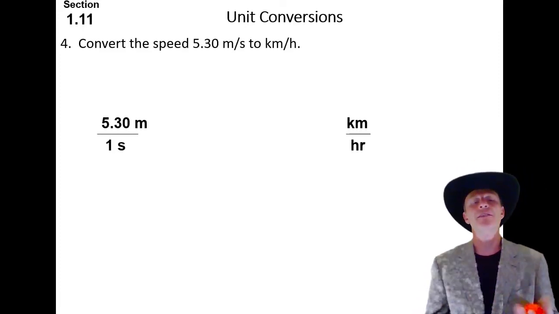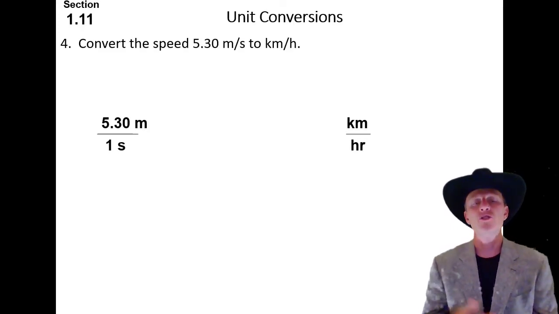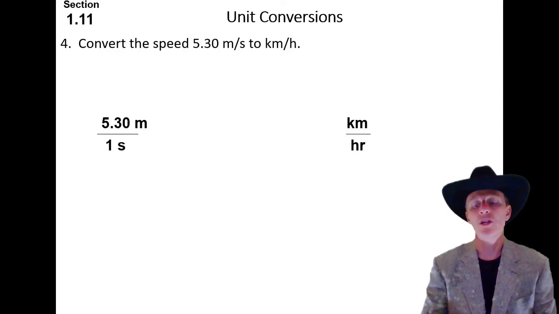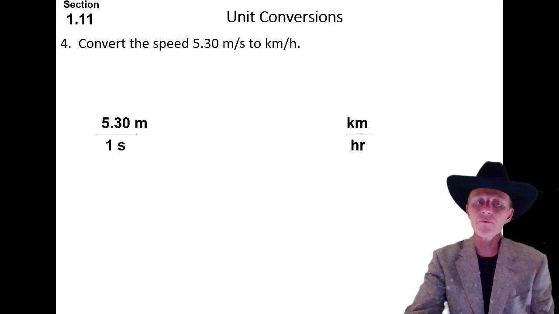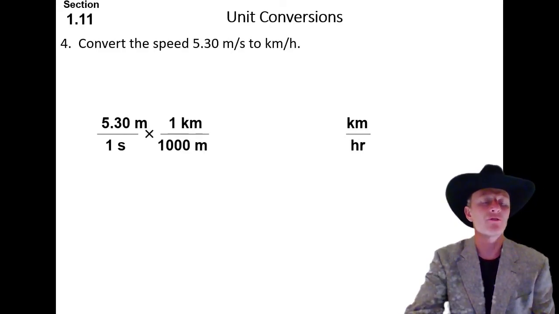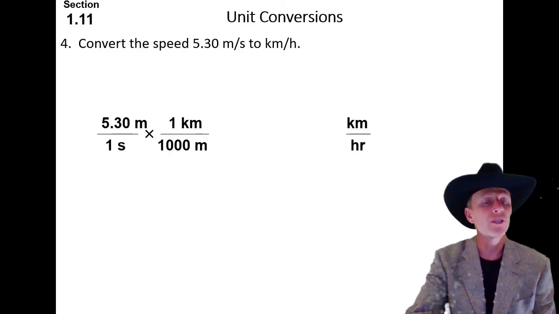The unit of length is meters, and our target unit of length is kilometers. So if we go from meters to kilometers, then let's think, how many meters are in a kilometer? Well, there's a lot of meters in a kilometer, like 1,000, because the K means 1,000. The top says 1,000 meters. On the bottom, you got 1 kilometer. They're the same. We could use that as a conversion factor, and the meters will cross cancel.